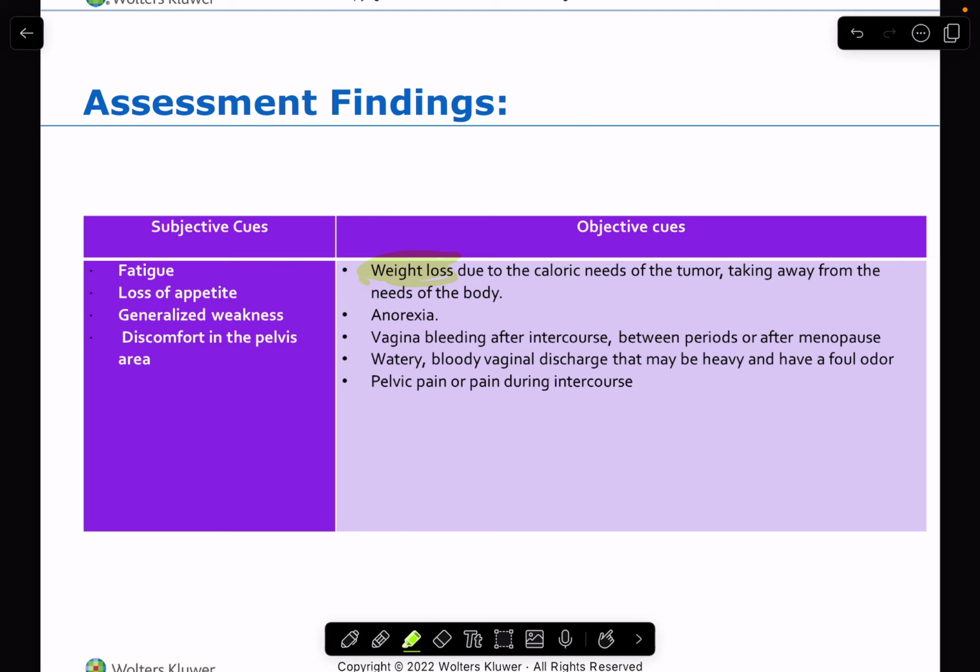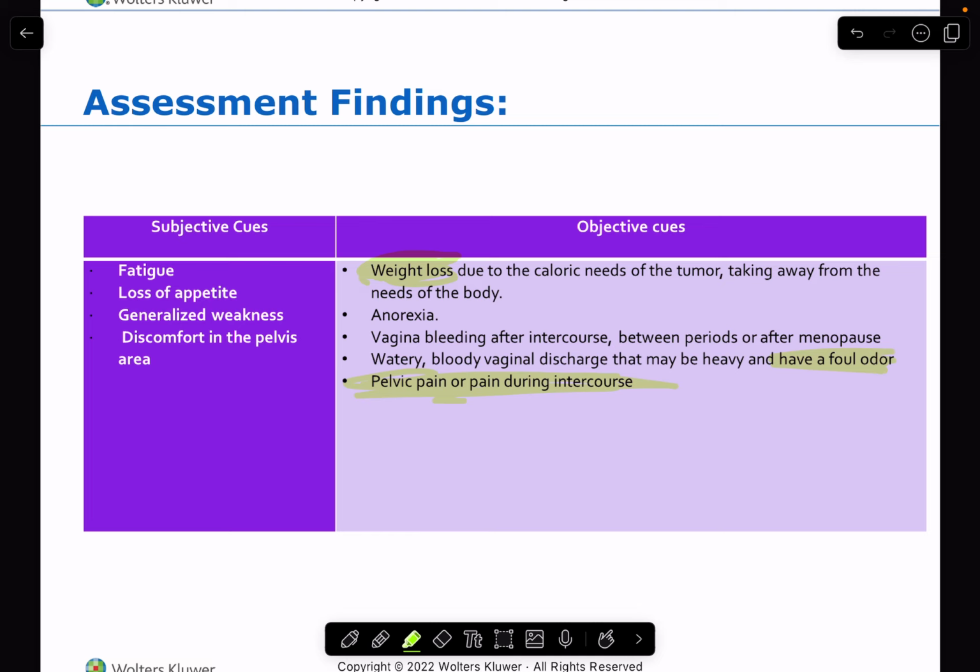So it is bleeding after coitus, between periods, or after menopause. Watery, bloody vaginal discharge that may be heavy and also have a foul smell or odor. And pelvic pain or pain during intercourse might signify that the cancer cells have already spread, not just in the cervical region but also to the walls of the cervix or the walls of the pelvis.